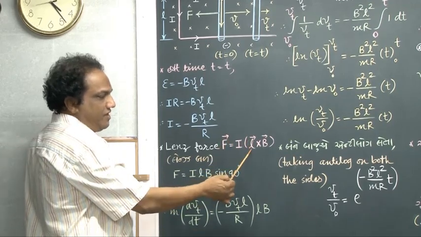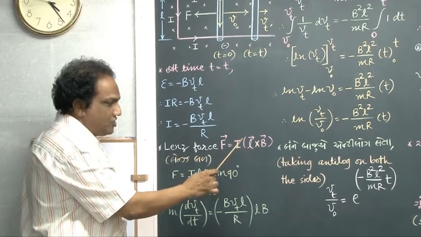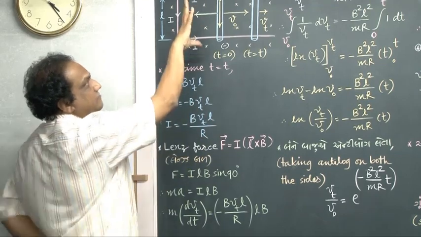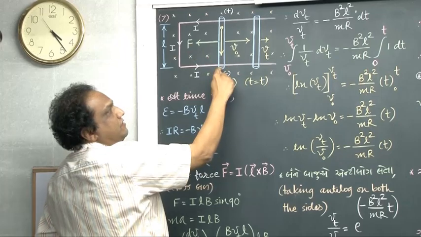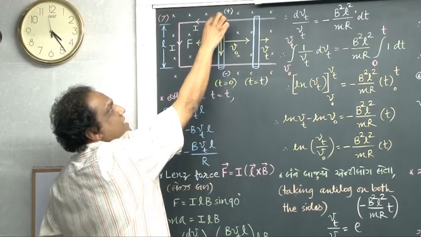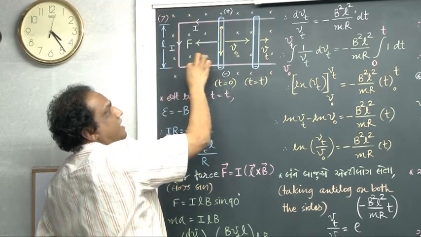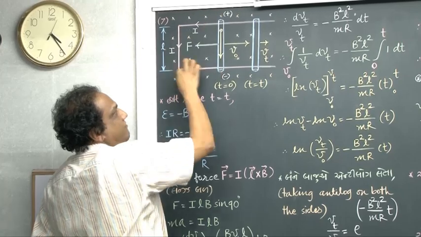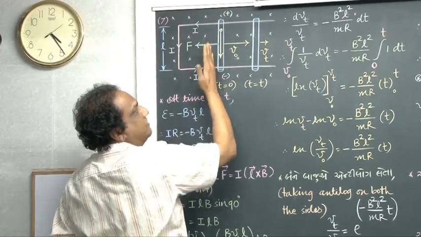It will be in the direction of vector L cross vector B. Vector L should be taken in the direction of current, and here in this situation this end behaves like a positive end, this end behaves like a negative end, and you know this will send current in the outer part of the circuit in this direction from positive to negative this way, and this current when it flows through the rod it is flowing upwards this way, correct?